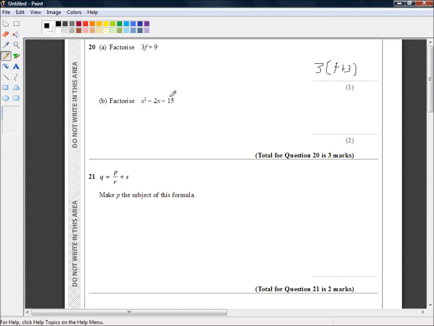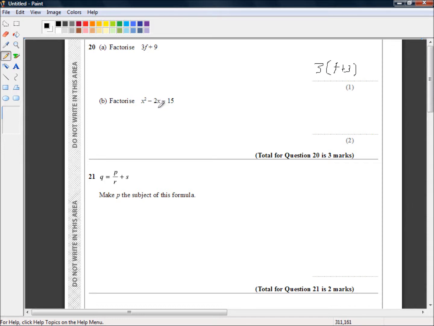So the factors of 15 are 15 and 1, 3 and 5, 5 and 3, and 1 and 15. So that doesn't leave a lot of choice. So I'm going to say 3 and 5 and 5 and 3 are the ones that are most interesting because we're adding a positive and a negative together to get a negative.